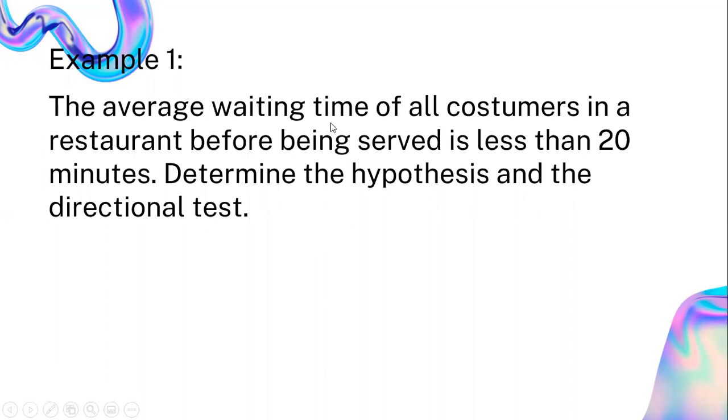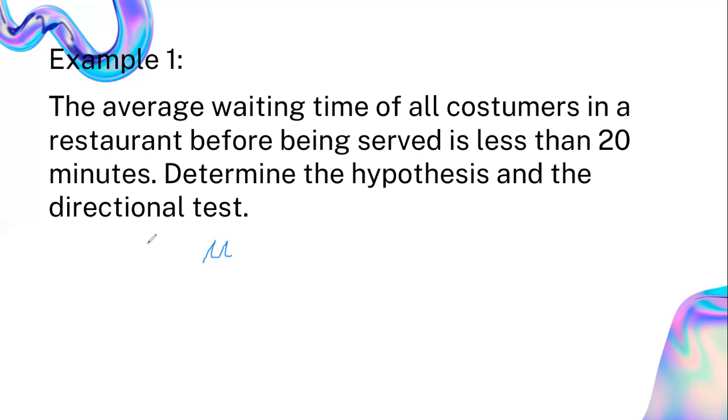The average waiting time of all customers, so meaning it's from the population, right? And the parameter is average. Therefore, we will be using the symbol mu, okay?